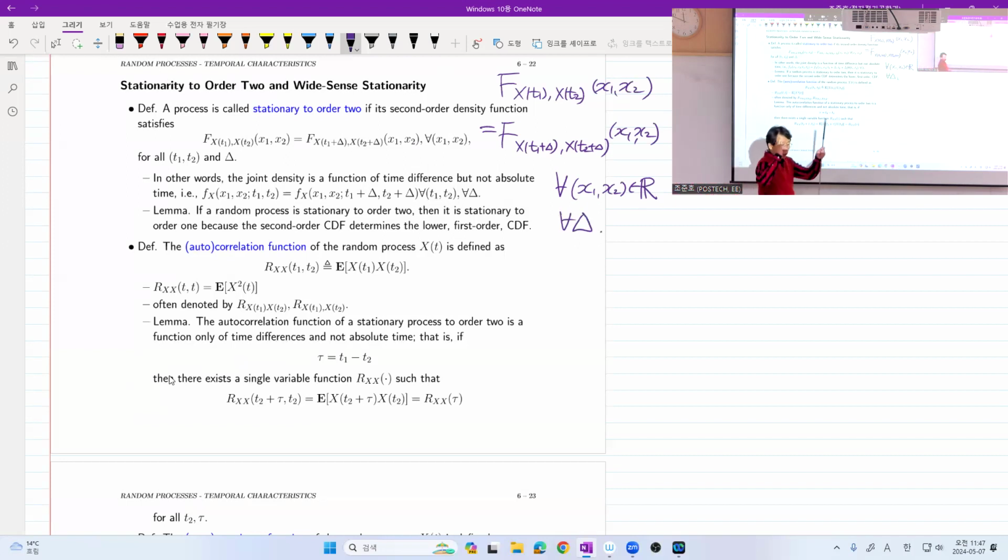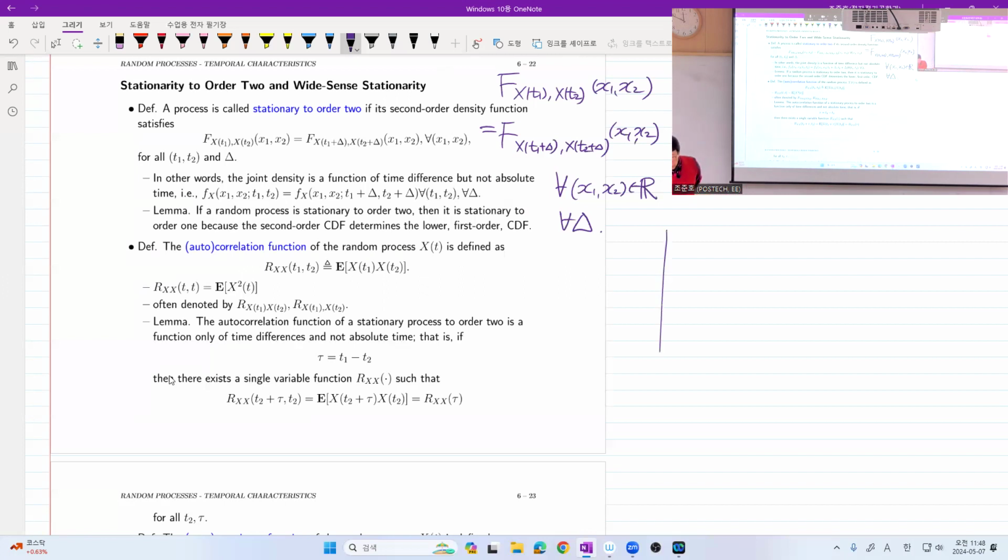Okay? So your second order joint CDF of the random process does not change under time shift or time translation or your choice of the time origin. Got it? But be careful. If you choose a different time interval between T1 and T2, the joint CDF, the second order CDF, may change.